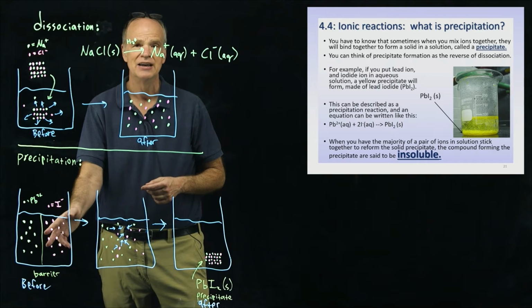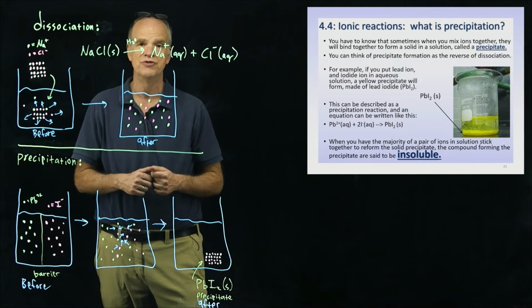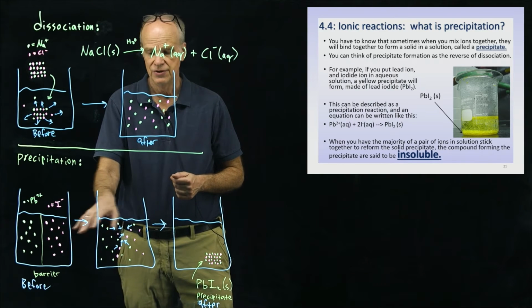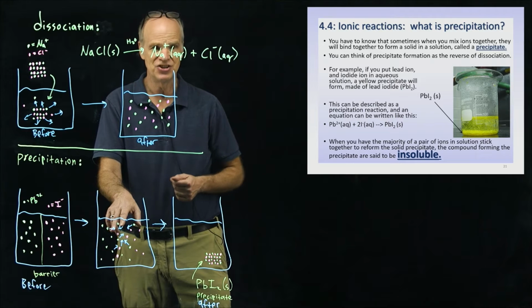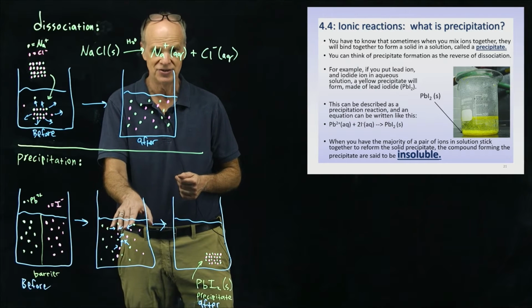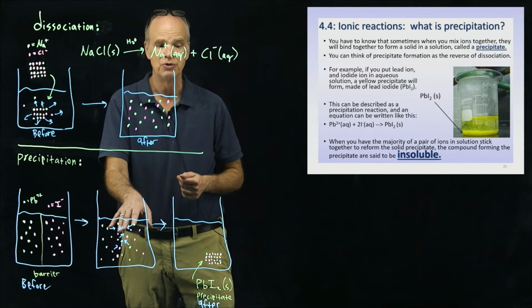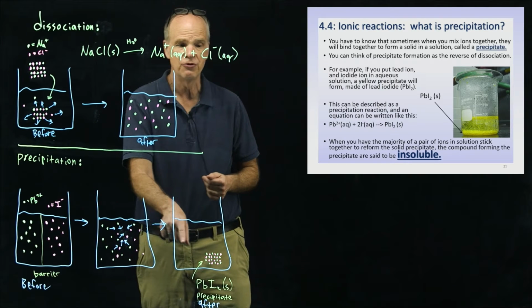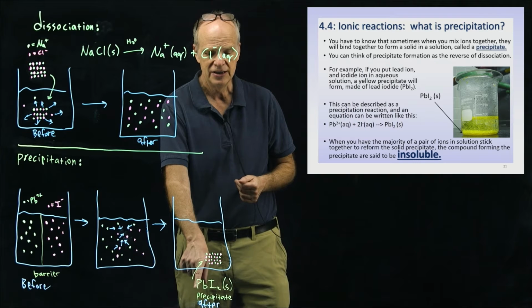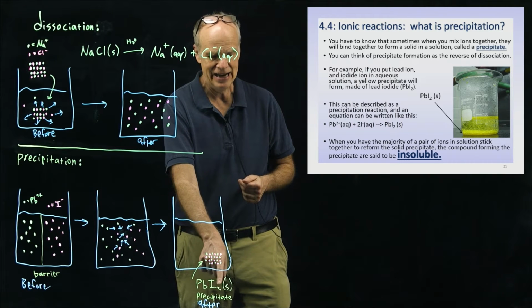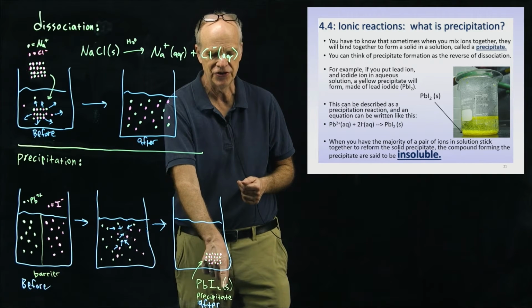Let's say you were able to remove the barrier. You would mix the ions together, and the ions would find each other in solution and clump together. When they do that, they reform the solid. Here, the solid is lead iodide, which is in the solid state. So this is a precipitate.